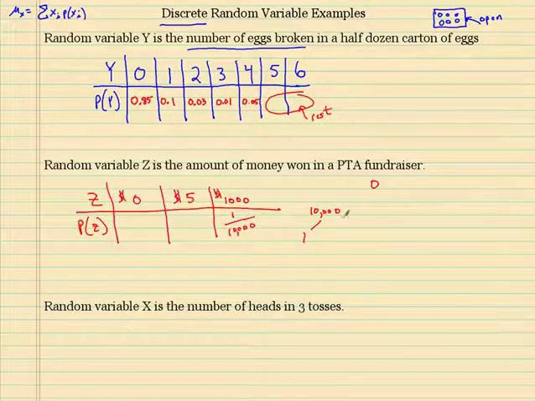This is a win of $1,000. This would be, you lose, so this would be $0, and I'm going to have 9,000 people. If you have 9,000 people that are going to lose out of 10,000, that's 9,000 out of 10,000.